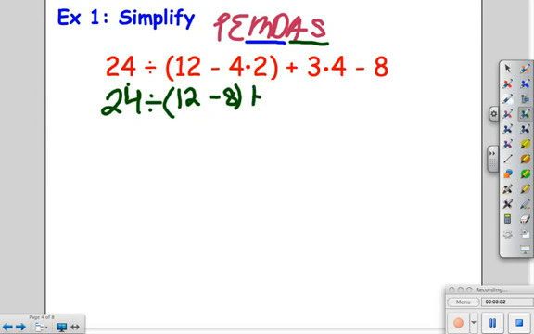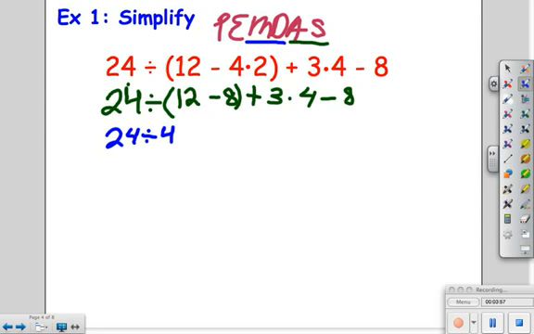4 times 2 is 8. So that eliminates that inside piece of multiplication. I still have not completely eliminated inside my parentheses, so I'm going to go ahead and do that with my second step.